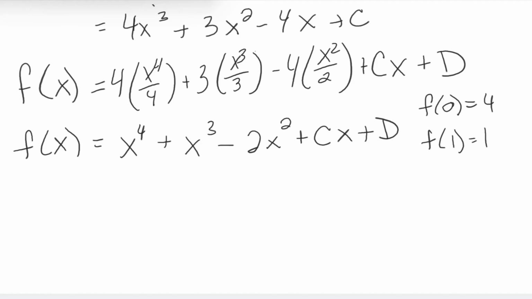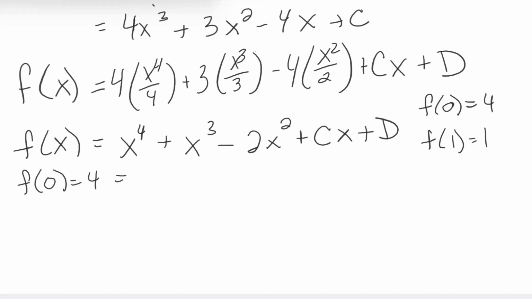Think about the ones I got. I got f of 0 equals 4 and f of 1 equals 1. Which one of the two numbers could I plug in that's going to get rid of the most stuff? The 0. So start with the 0, because everything with an x is going to disappear, except for d. So f of 0 equals 4.